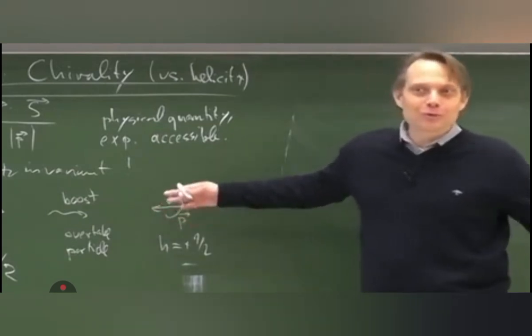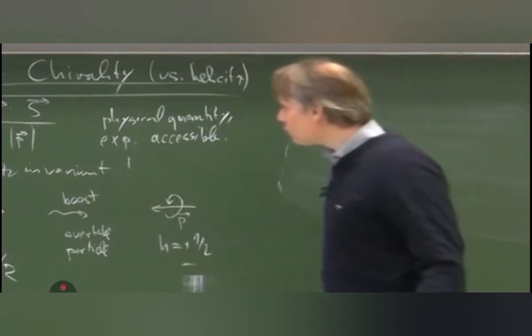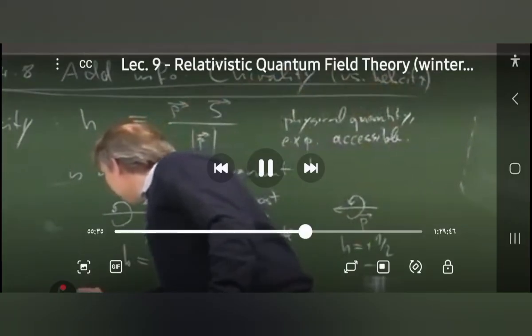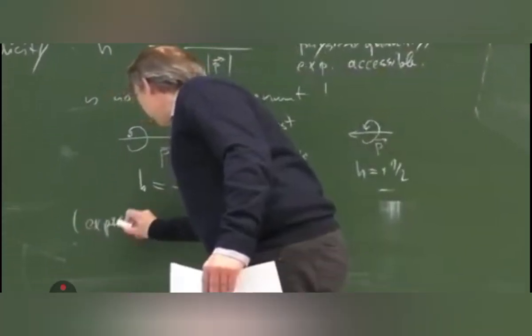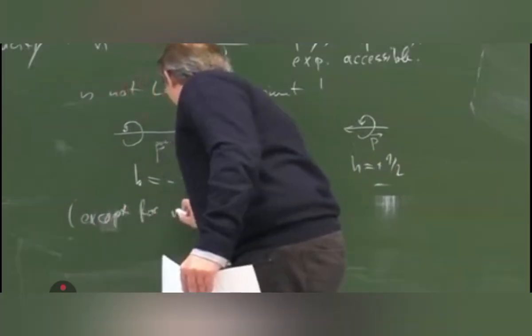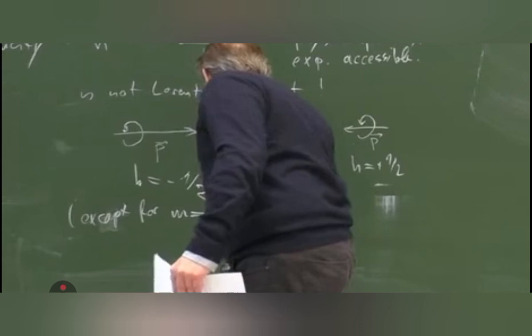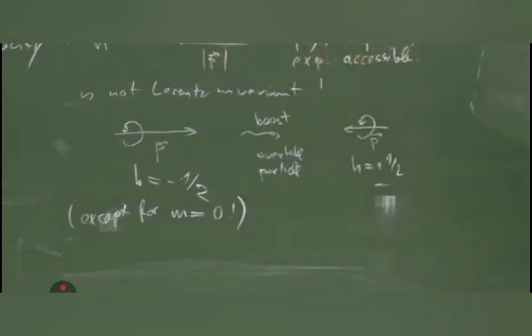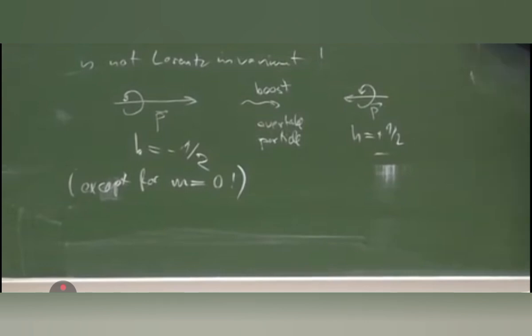Then you understand that the helicity can be Lorentz invariant, except for m equals 0. But in general, the helicity is not Lorentz invariant. Okay, so much for helicity. Yes?